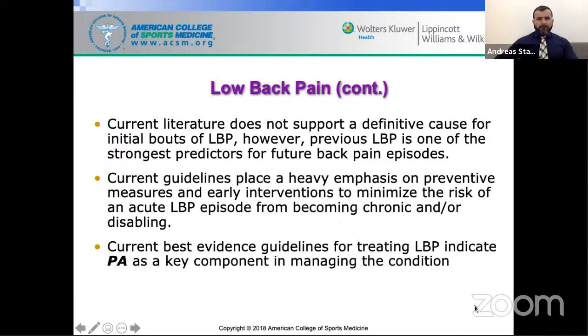We don't know about how much, but definitely preventive measures or early interventions would make sense. We're trying to avoid low back pain from happening, or if it happens, from becoming chronic. And no matter how you see it, PA is a key component.